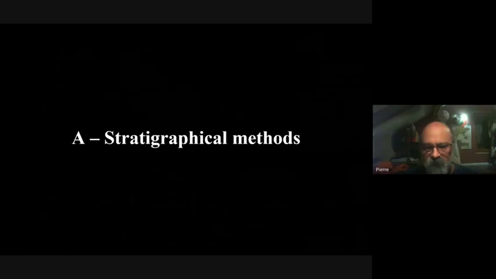Very quickly, because I know Alison and Christian talked about these different aspects just before, the first thing when we work in geochronology is to observe the site very carefully, because the first method we can apply is relative chronology.